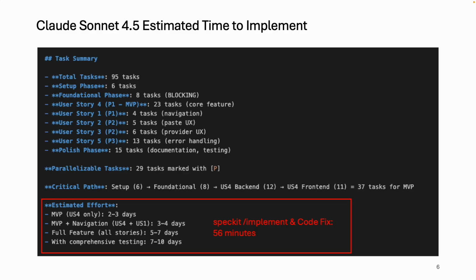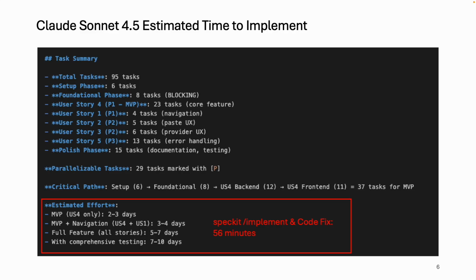Using specification-driven agent-assisted development, the core implementation and fix-up took 56 minutes. That doesn't mean the agent replaced the developer. Human oversight was still essential, reviewing specs, validating assumptions, catching edge cases. But the role of the developer shifted from manually writing code line by line to directing, verifying, and refining.